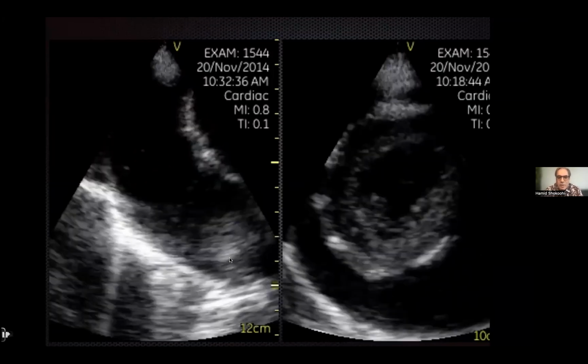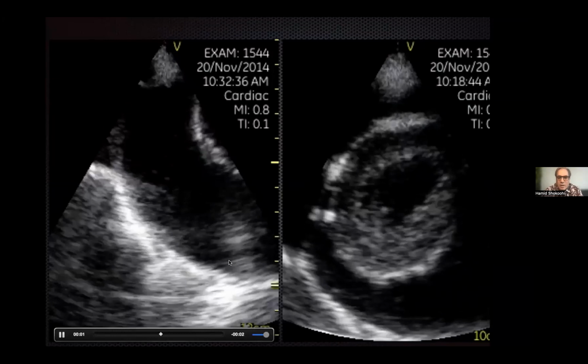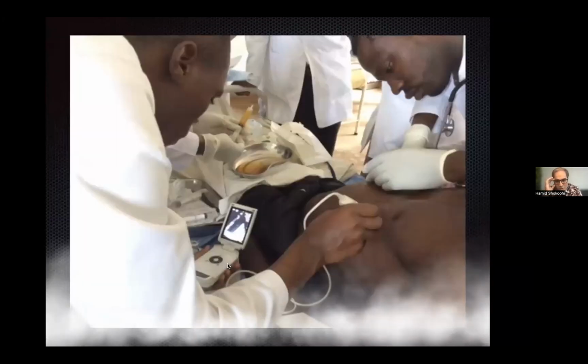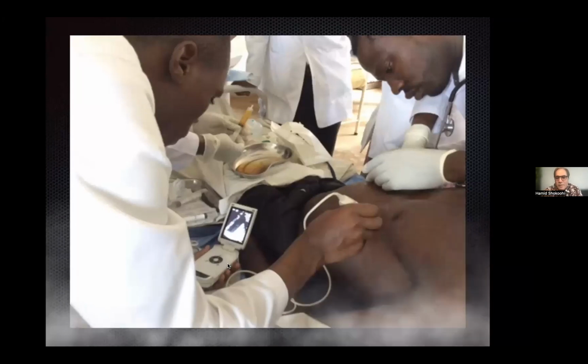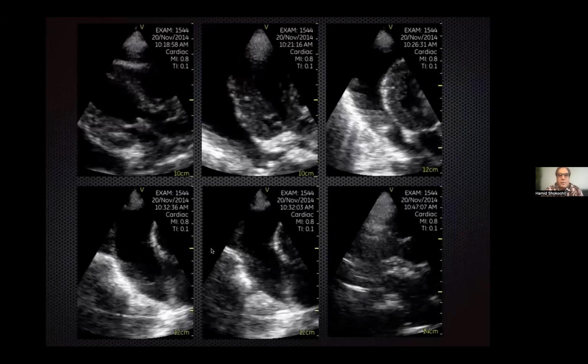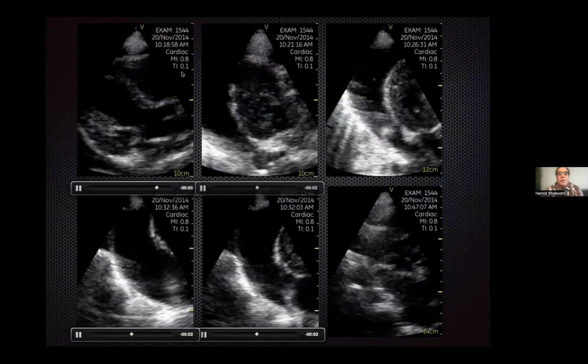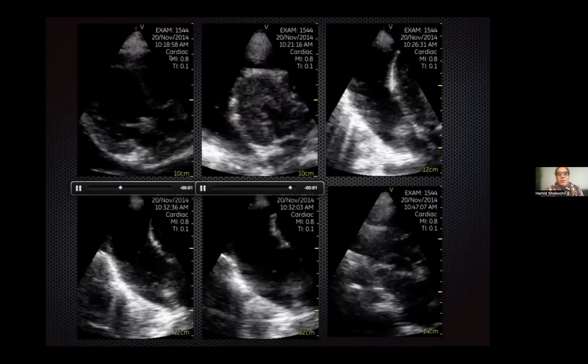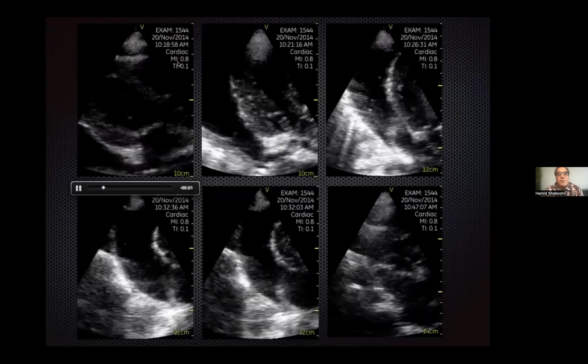Then you decide you want to do the pericardiocentesis. You actually look and you put this in here. And you start from the beginning here. Oh my God, this was a long time ago. It's 2014, 10 years ago.